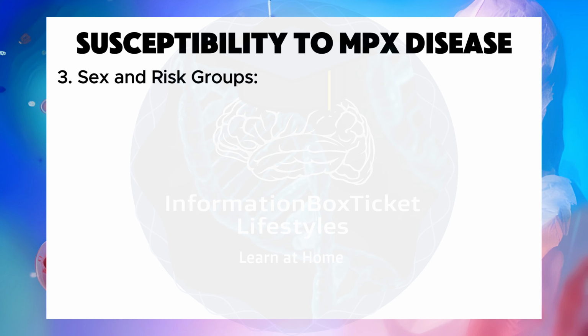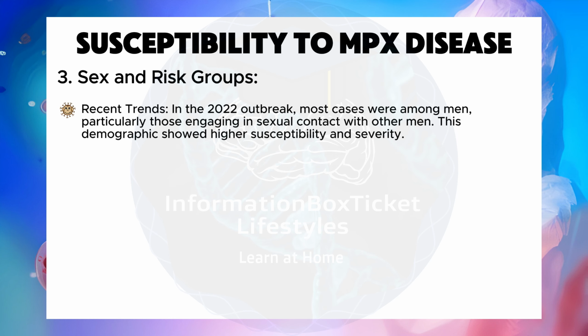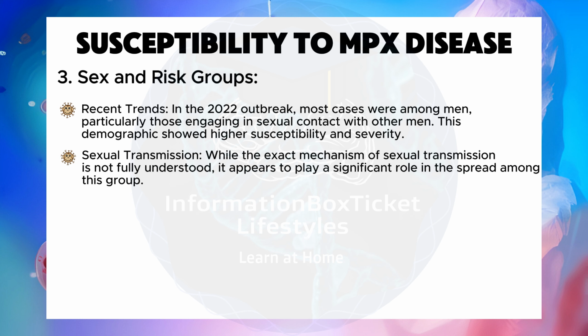Sex and risk groups. Recent trends: in the 2022 outbreak, most cases were among men, particularly those engaging in sexual contact with other men. This demographic showed higher susceptibility and severity. Sexual transmission: while the exact mechanism of sexual transmission is not fully understood, it appears to play a significant role in the spread among this group.